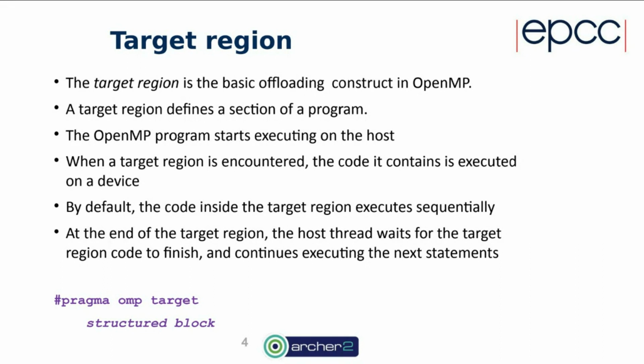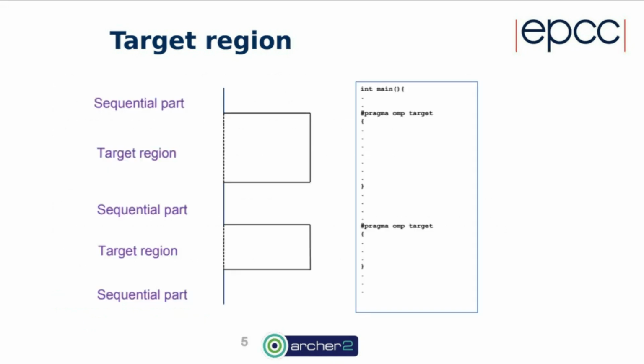The basic form just looks like #pragma omp target with a structured block of code. This works pretty much how you expect. You start off executing in the sequential part of the program, with the master thread on the host device.